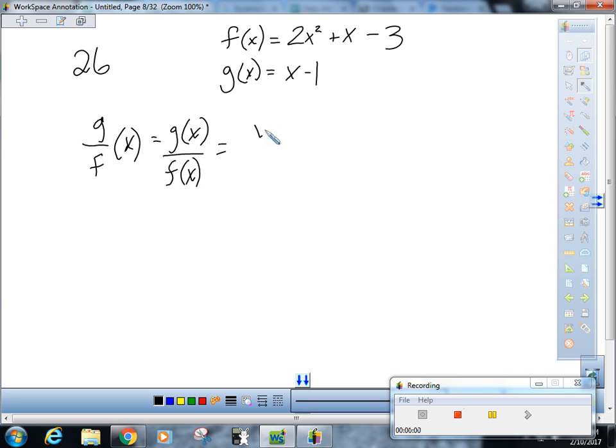So that is x minus 1 over 2x squared plus x minus 3.